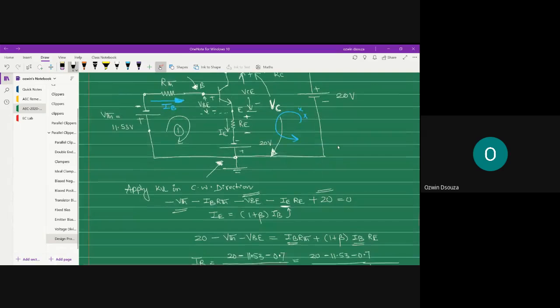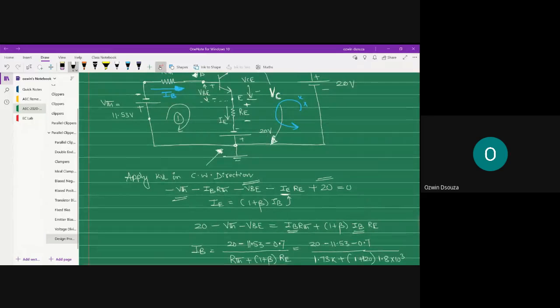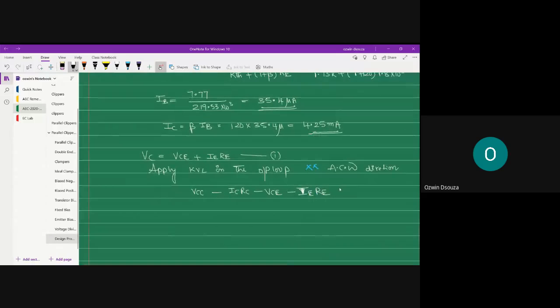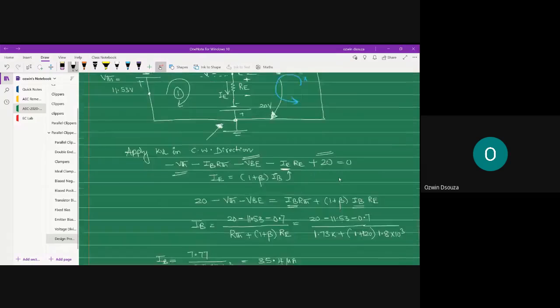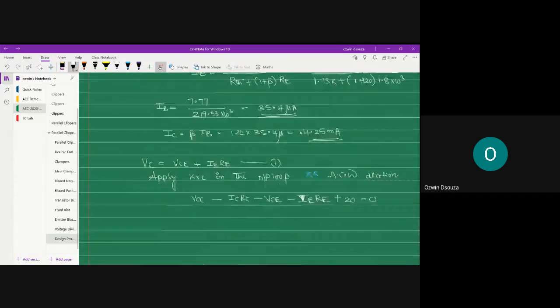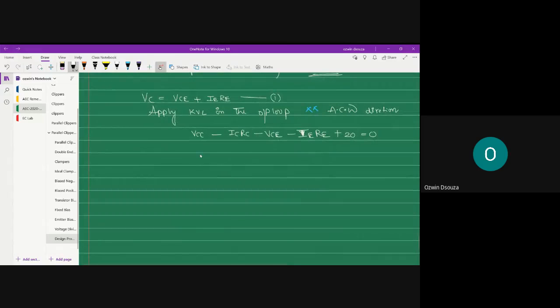Then anti-clockwise I'm applying plus 20, plus 20 is equal to 0. Why plus 20? Because there is an external potential source.